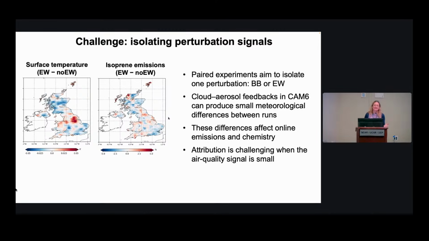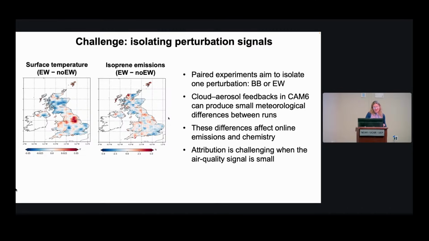I'm not showing anything new here. We know this from CAM6, but when we do experiments, especially these perturbation experiments, what you expect is that only the thing that you change is modifying the model. For example, biomass burning versus no biomass burning, or in the case of weathering, the soil nitric oxide and ammonia emissions. But because we have CAM6 with the cloud aerosol feedbacks, we also get some small feedbacks on meteorology.